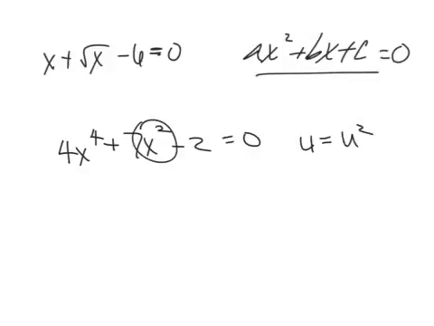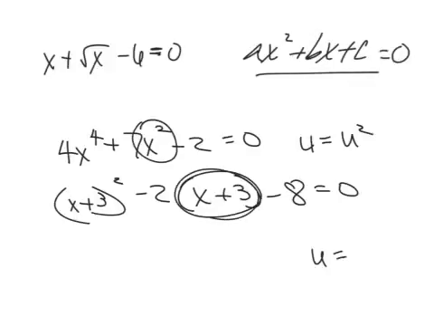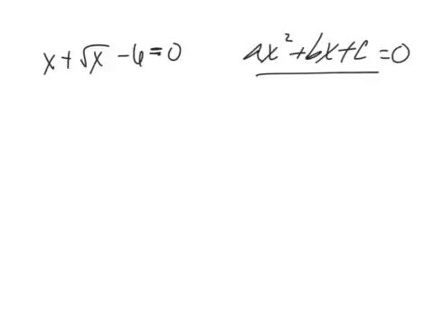The one before that, we had x plus 3 squared minus 2 times x plus 3 minus 8 equals 0. What did we make the u equal to? That. So whatever that second term is, that is what we're going to set u equal to.